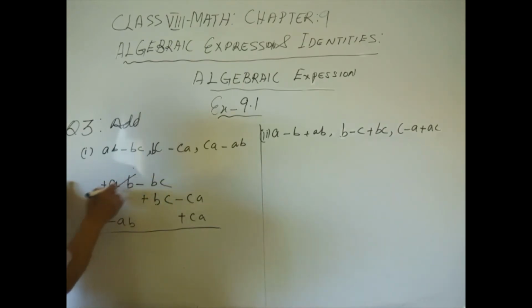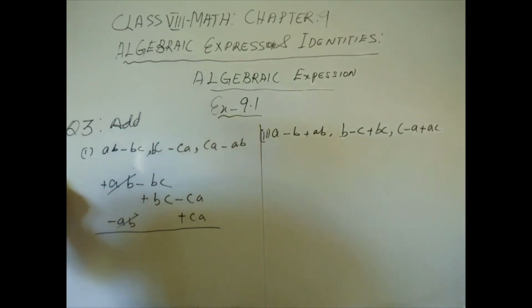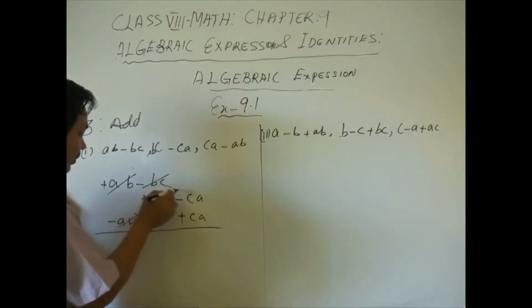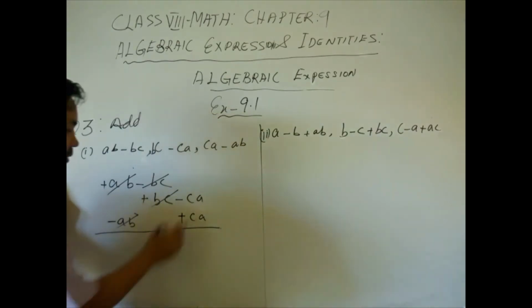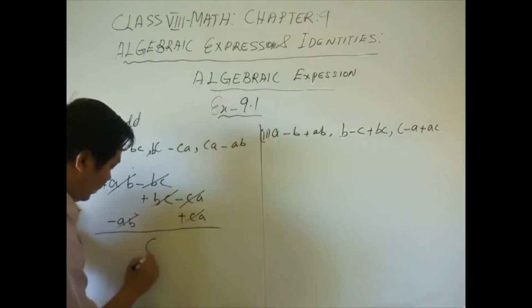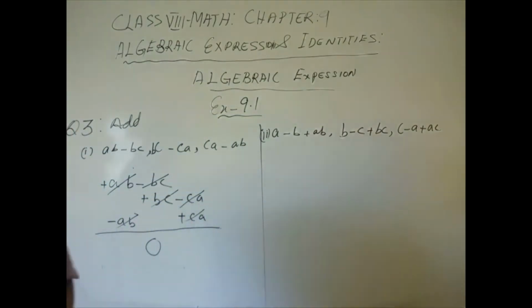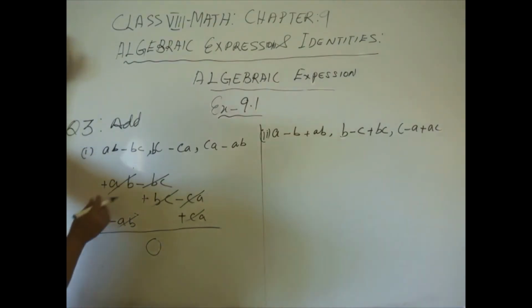So plus minus you can cancel this. Okay, and here also minus BC plus BC cancel. Here also cancel. The answer is 0. You can check it. So now we get the answer as 0. Yes. See, plus and minus to be subtract. 1 minus 1 is 0.